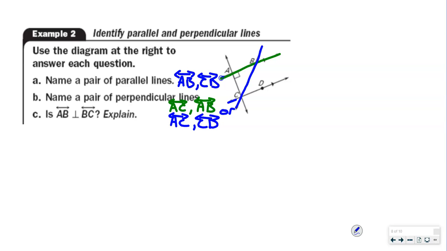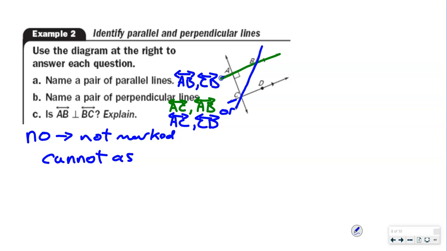Our answer would be no. We cannot assume that they are perpendicular. We don't have enough information. The image is not marked. So, no, it's not marked. Cannot assume. Not marked, can't assume.